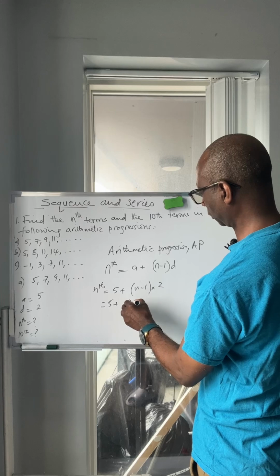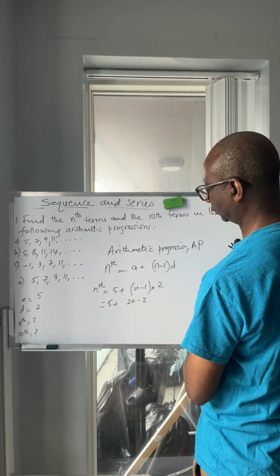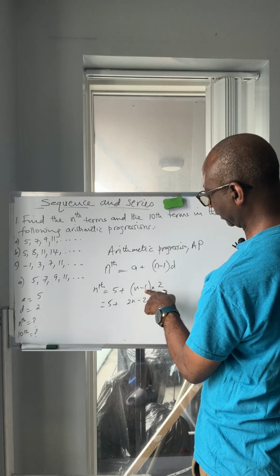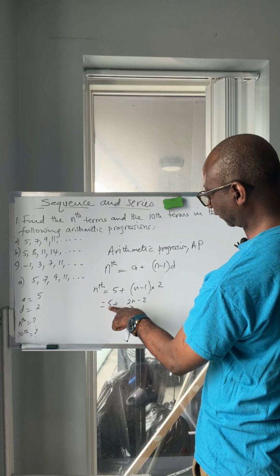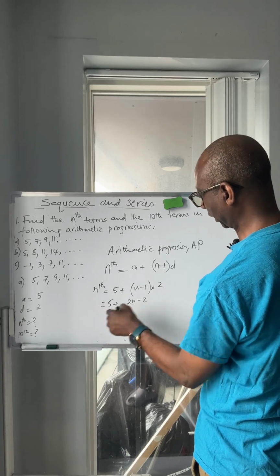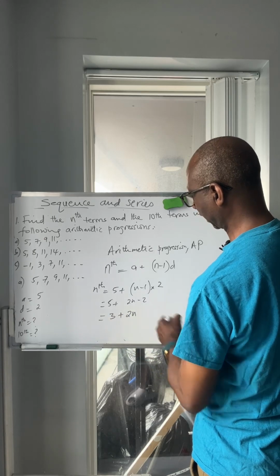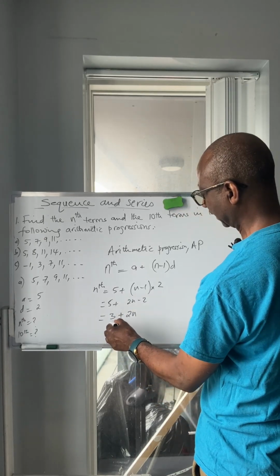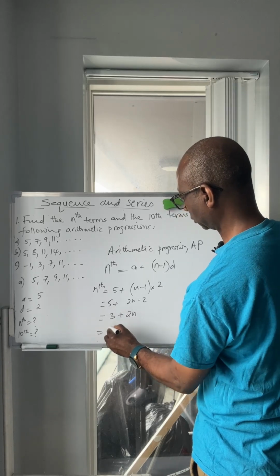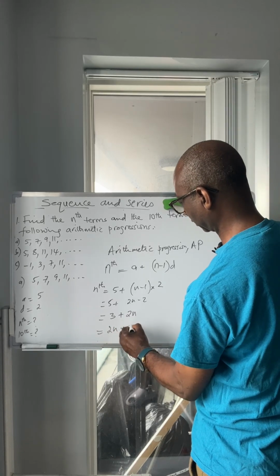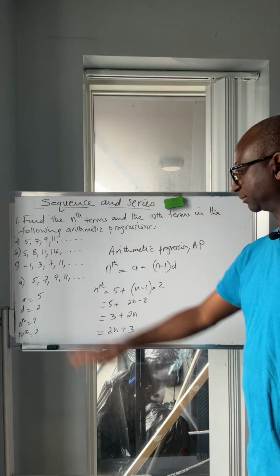We get 2n, 2 times n is 2n, 2 times minus 1 is minus 2. So now you have 5 minus 2 plus 2n. 5 minus 2 is 3, so 3 plus 2n. To write it in a proper way, you put the 2n at the front plus 3. So this is your nth term for this sequence.